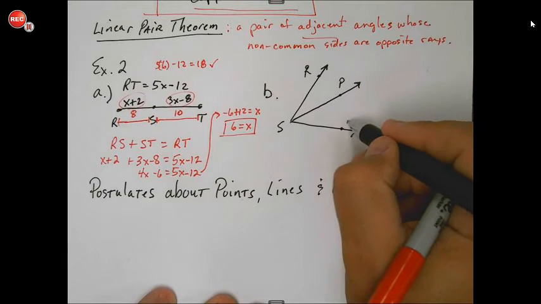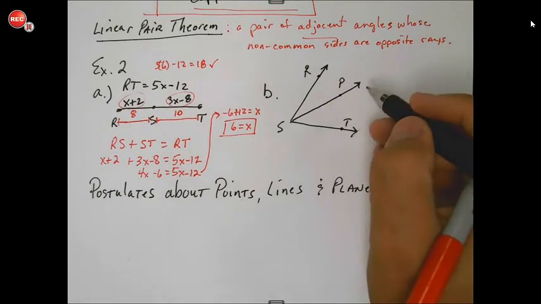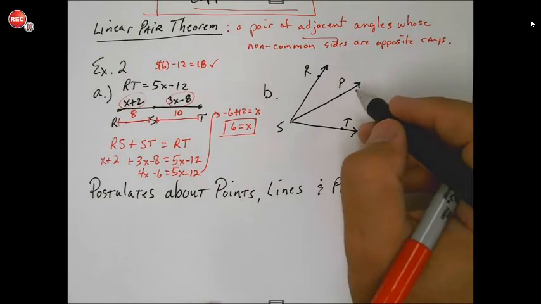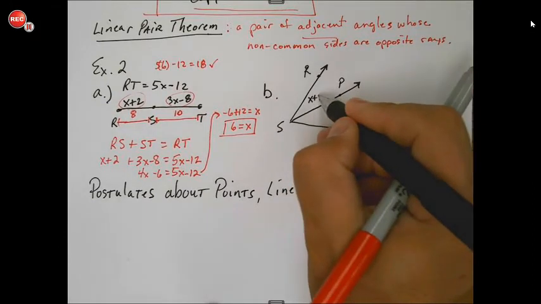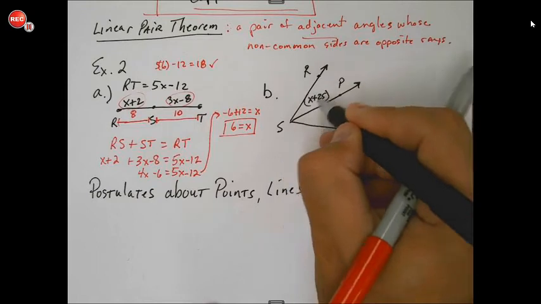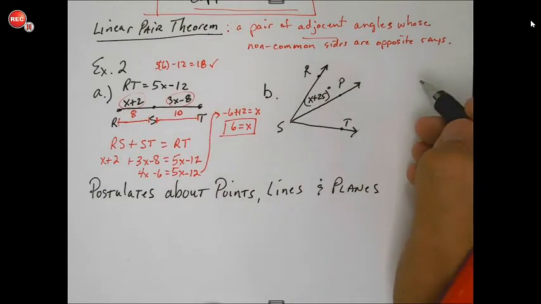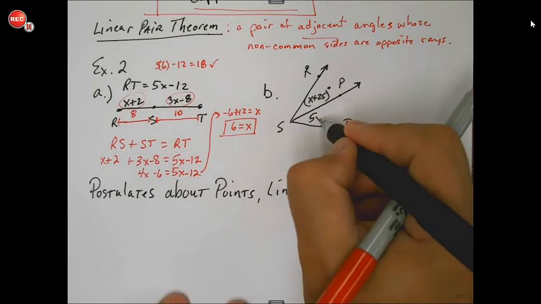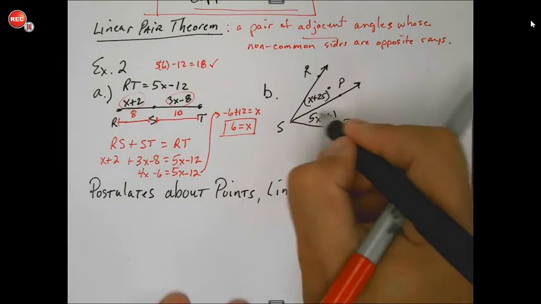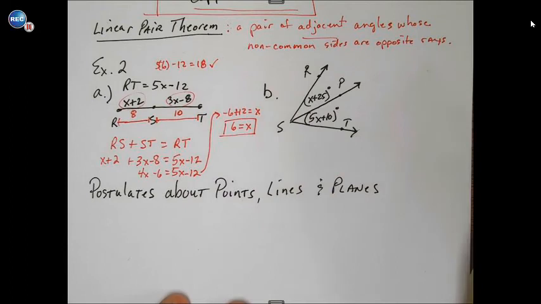Let's see. We know that this is x plus 25 because it has a little degree symbol. That means that's the measure of an angle. And this is 5x plus 10, measure of an angle.